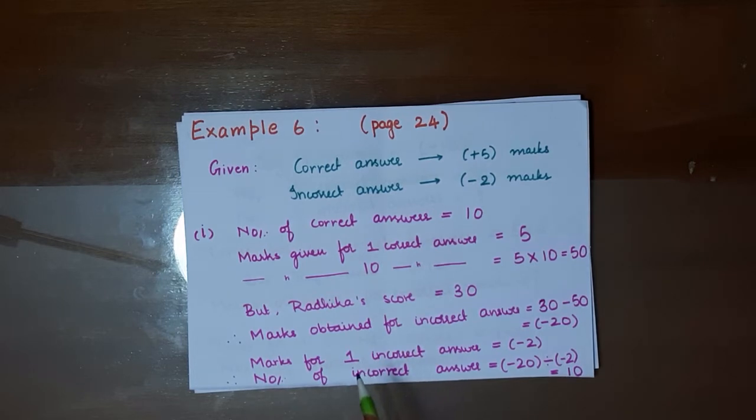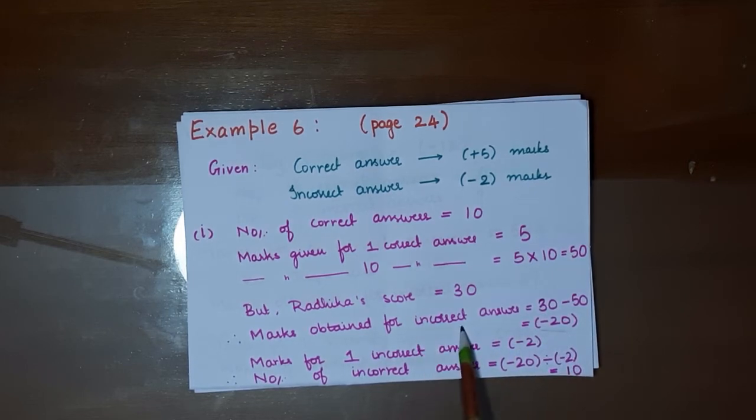So Radhika's score is 30 marks. Therefore, marks obtained for incorrect answers is equal to total score, which is 30, minus score for correct answers, which is equal to minus 20. Minus 20 marks is awarded for the incorrect answers.